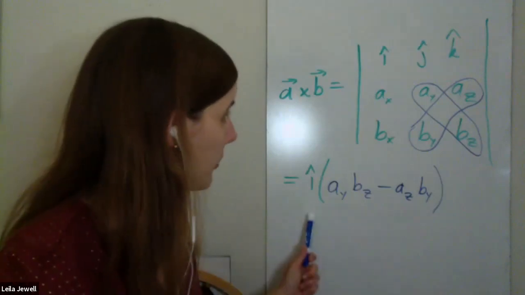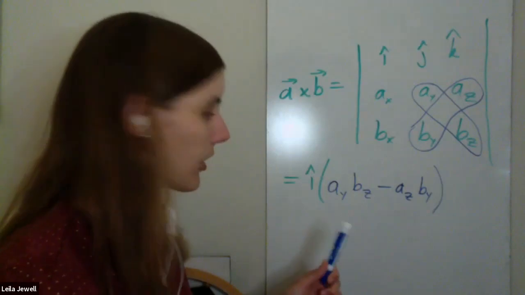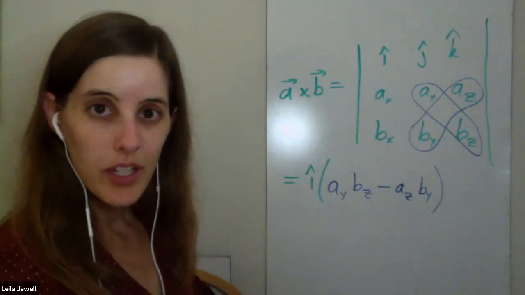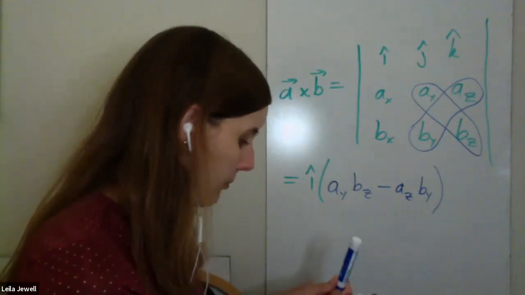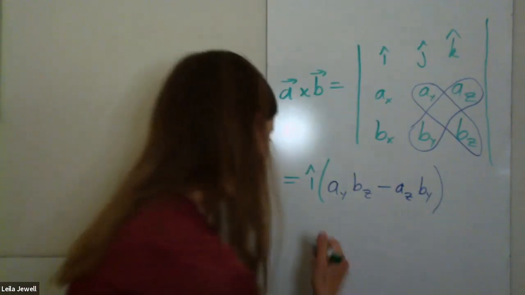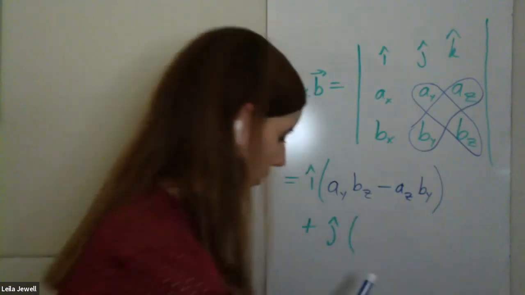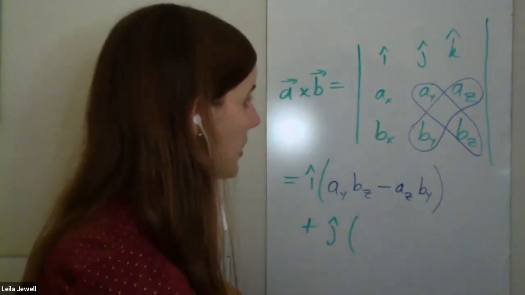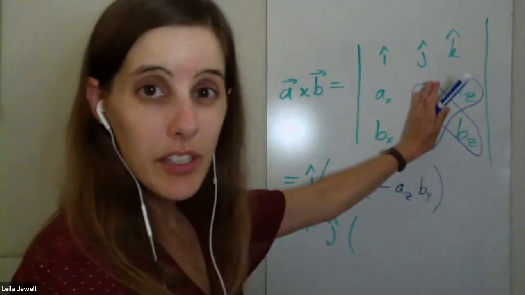Our second term is going to be the j hat. Now, there are two different ways to do it. I'm going to do it the positive way, but it has an extra trick involved. So plus j hat. And for the j hat, you'll notice that when we cover up this middle column, we have a gap that we can't quite cover.